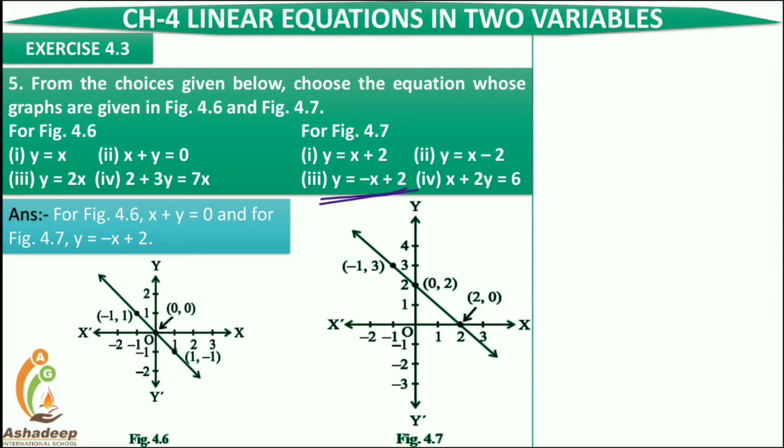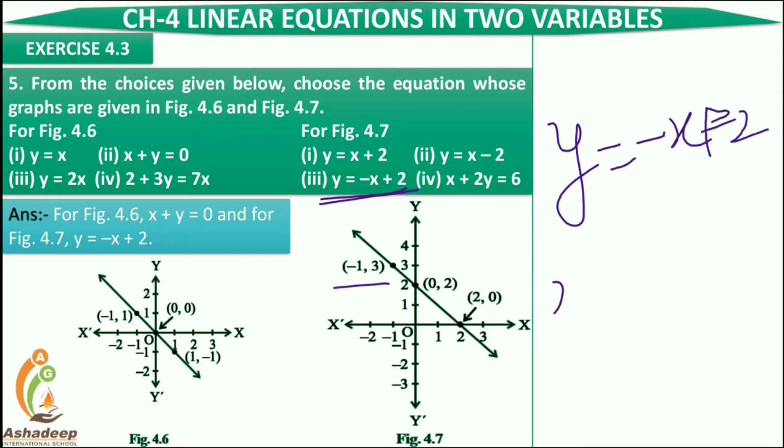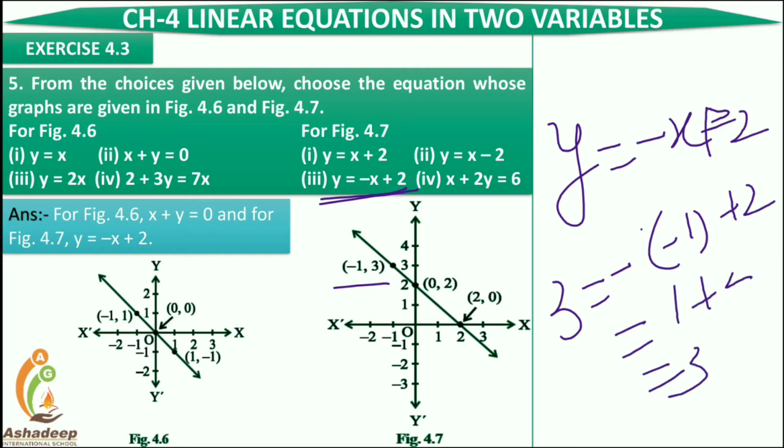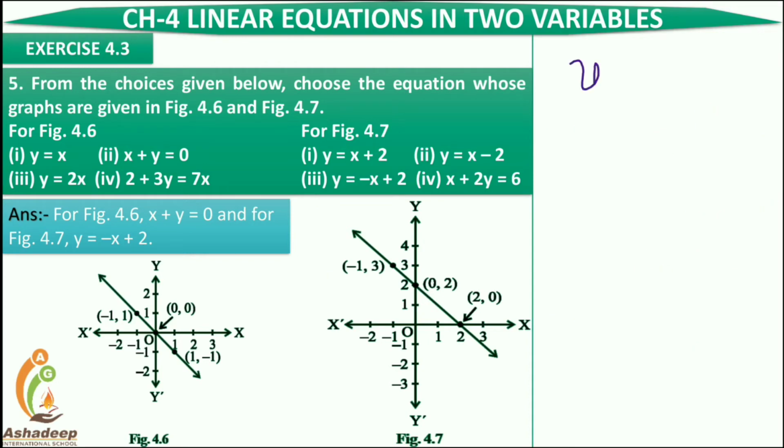Now take y is equal to minus x plus 2. Minus 1 comma 3. So 3 is equal to minus of minus 1 plus 2, which is 1 plus 2, equal to 3. Yes, the first point satisfies. Now take 0 comma 2.